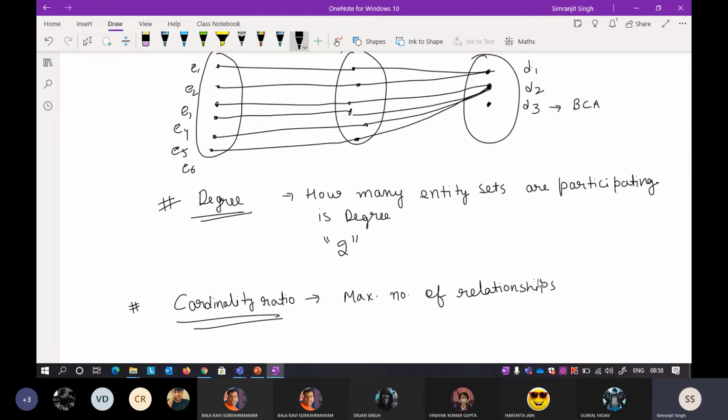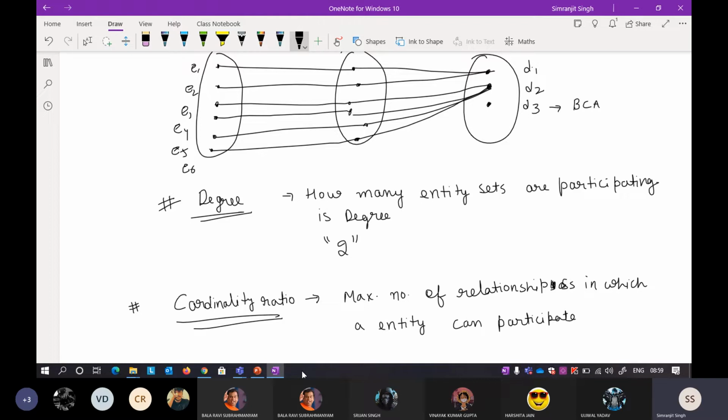The maximum number of relationships in which an entity can participate. The keyword here is entity. What is an entity? An entity is an entry in the entity set.